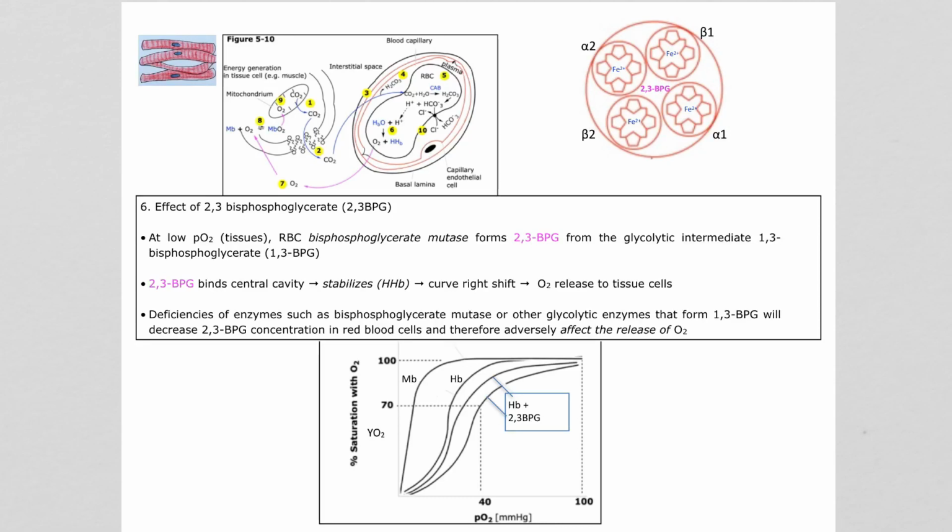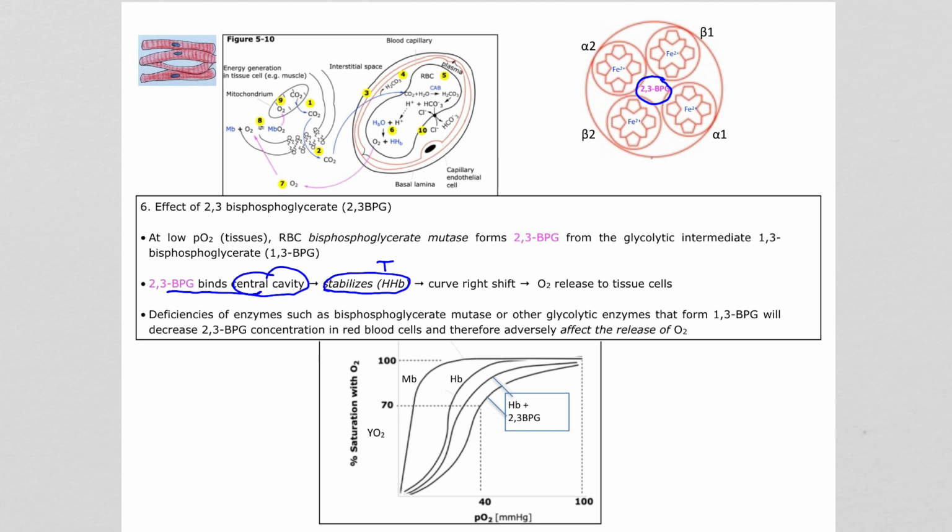Now 2,3-BPG will bind the central cavity of hemoglobin right here between the 4 subunits. And when 2,3-BPG binds hemoglobin, it stabilizes the deoxy form of hemoglobin, the T state of hemoglobin.